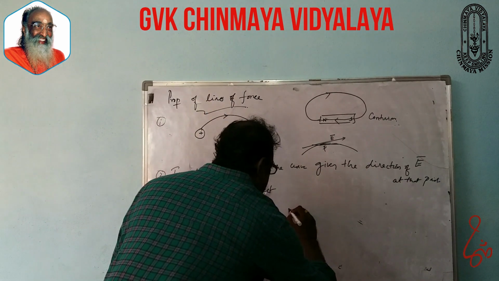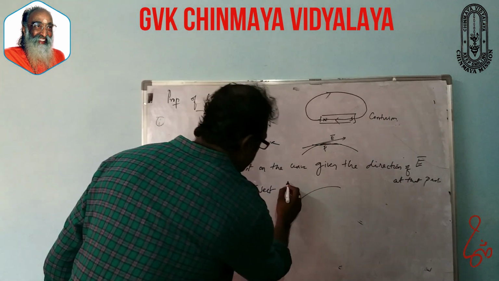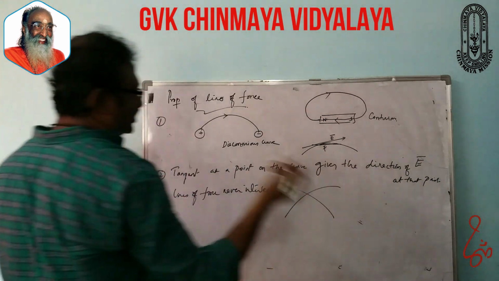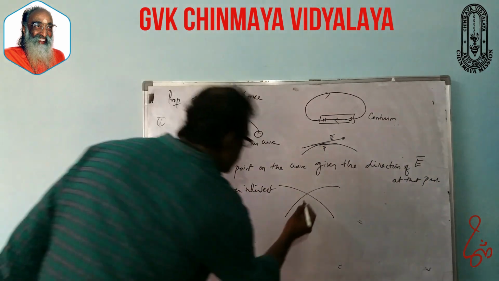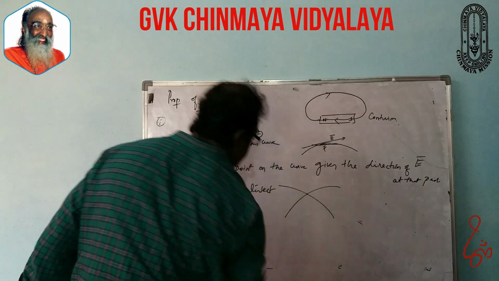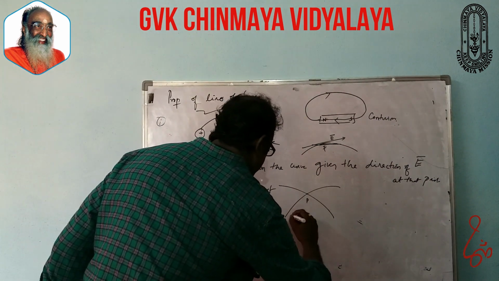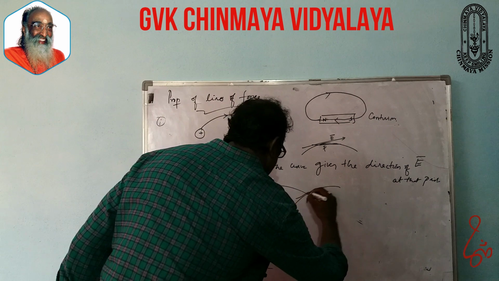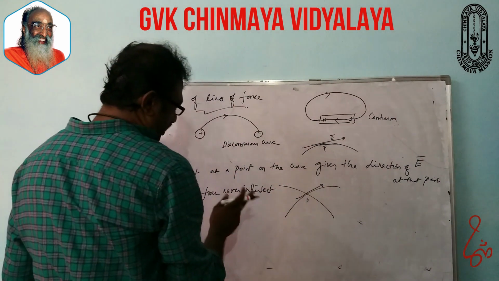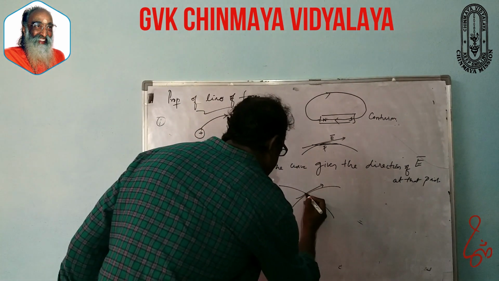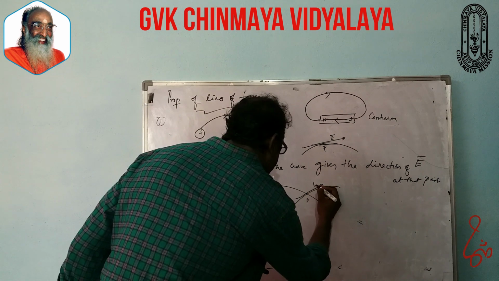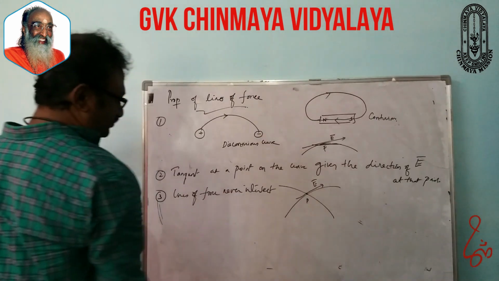Let the point of intersection be P. Consider this curve: drawing the tangent, the electric field intensity will be in this direction.